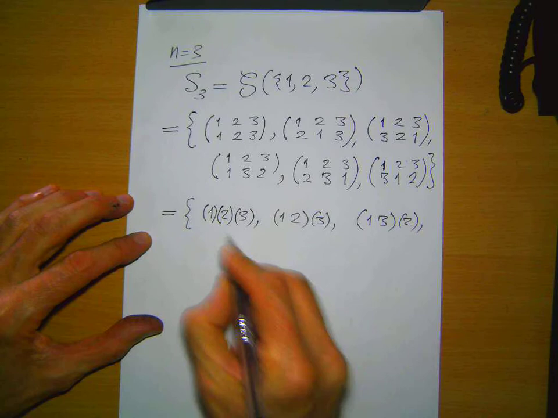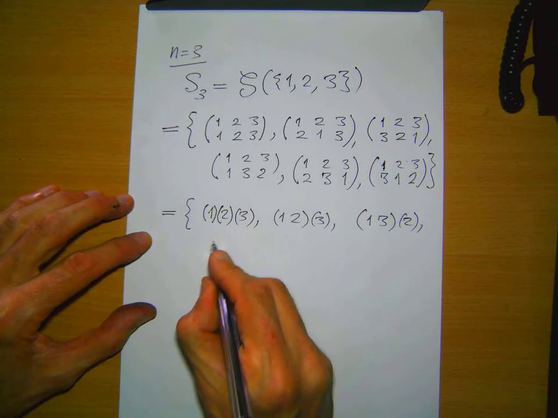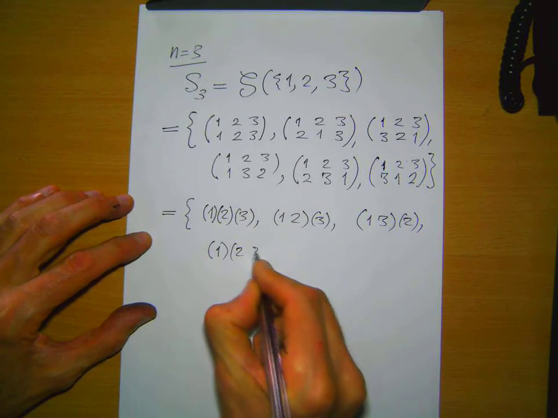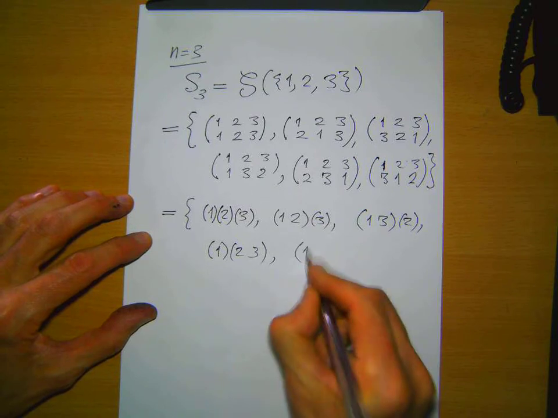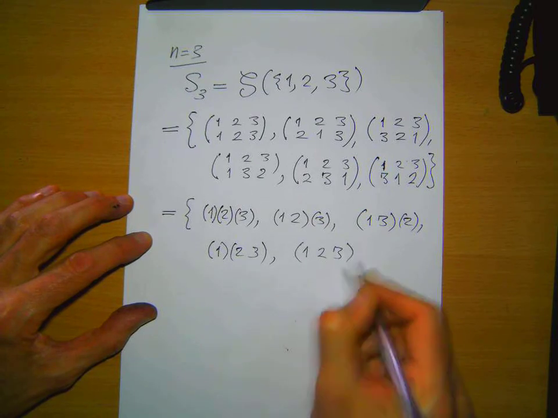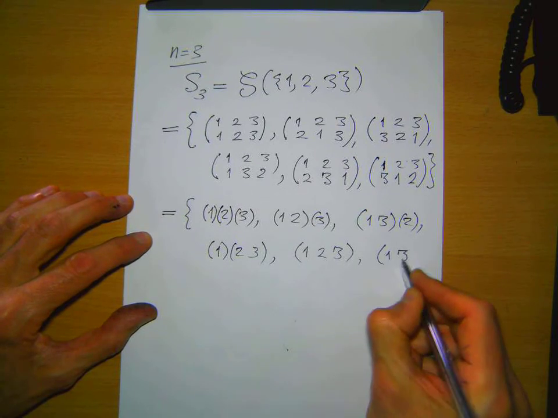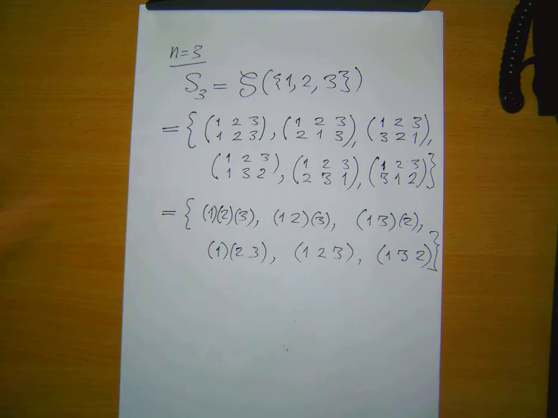This is called the cycle notation. This is probably the first time you've met this cycle notation, so don't worry too much if it's not immediately obvious, but it's a very good notation. It's very nice to compute with.